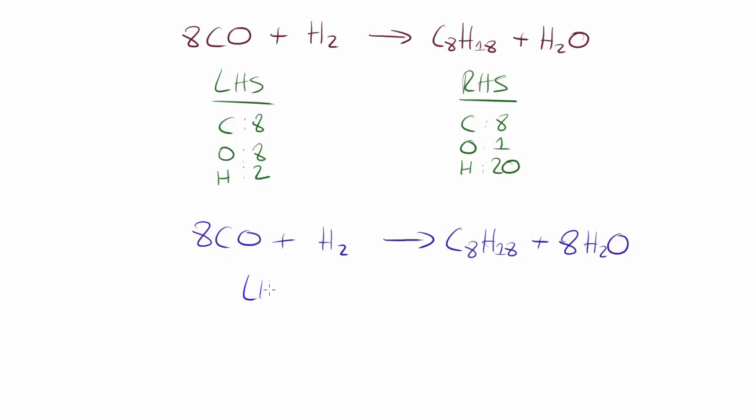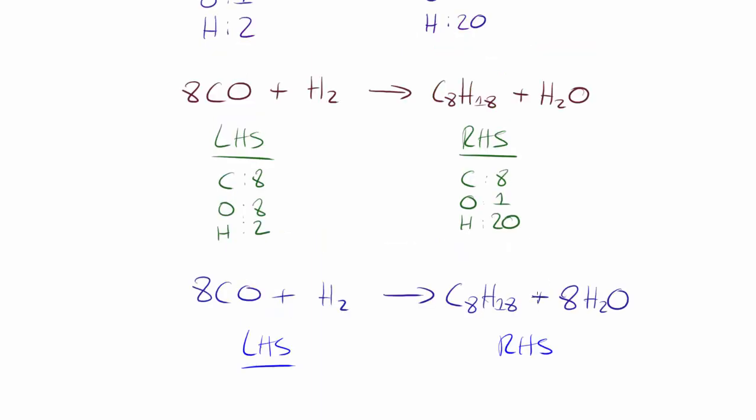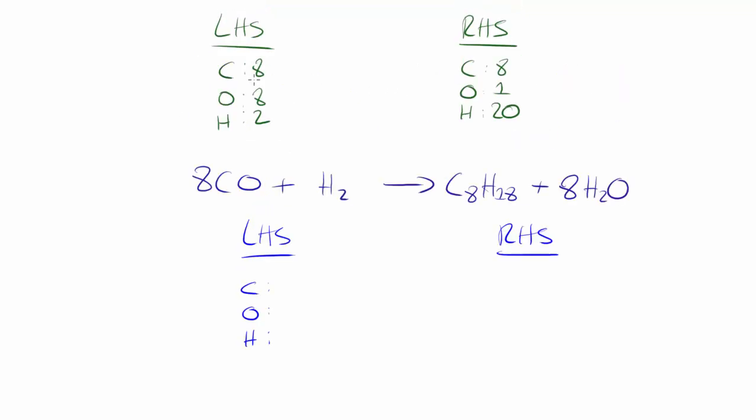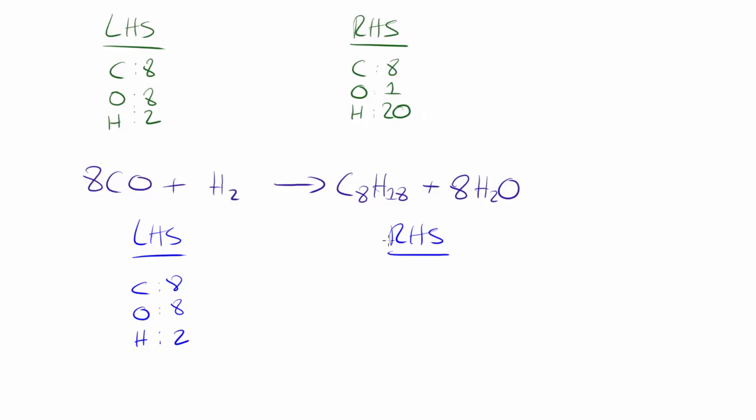So left hand side, right hand side. So we didn't change anything on this side, right? So it's literally going to be the same. So it's just going to be 8, 8, 2, right? So 8, 8, 2. On the right hand side, we did change something, right?